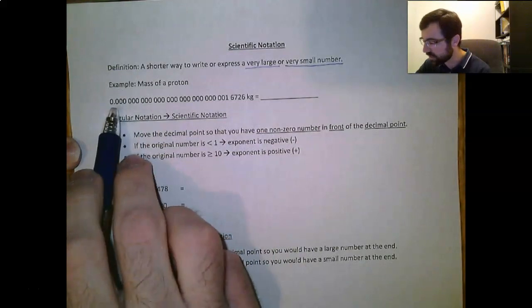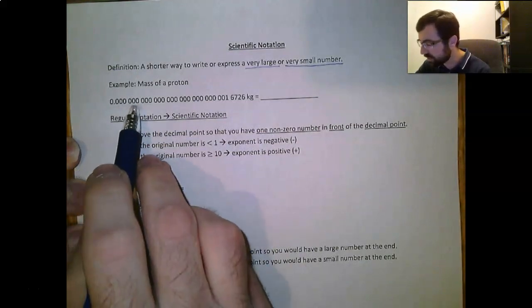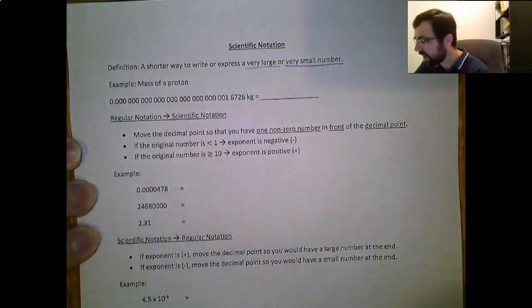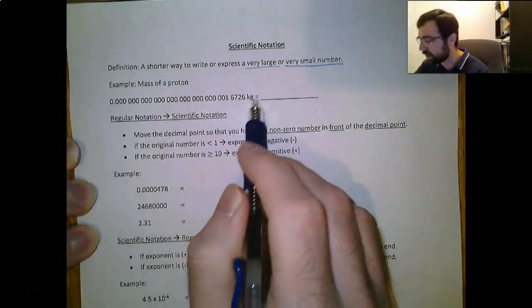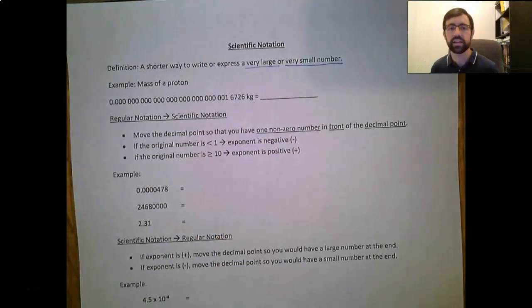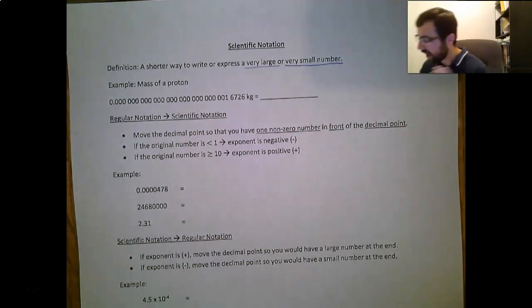It's 0.000000000000000, and so on. I could keep going through that, but it's a very small number of kilograms. Now, if I wanted to write that in scientific notation, I could do that.